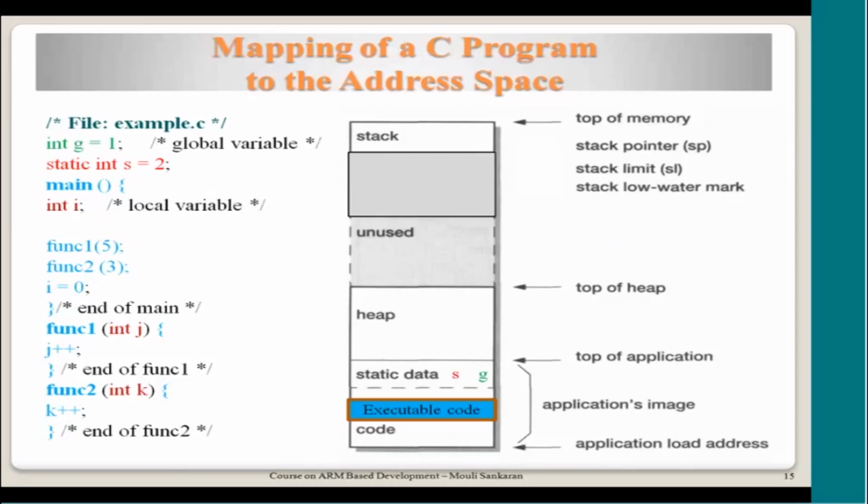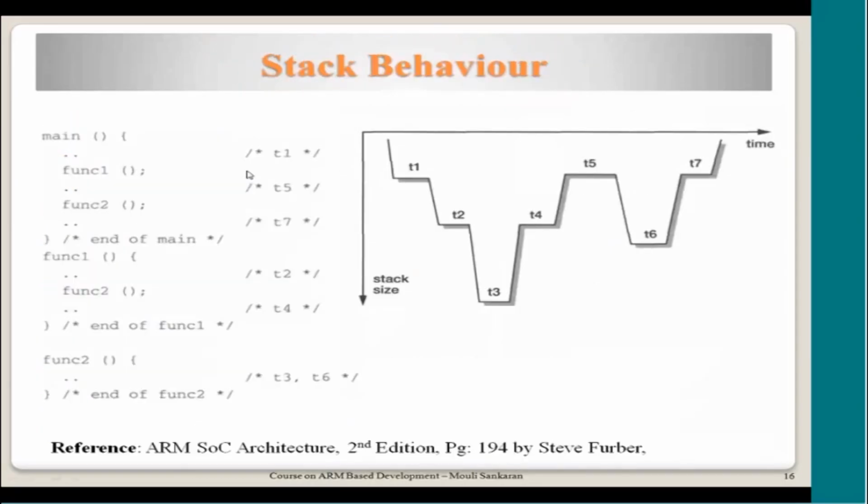Okay, now let us see how the stack works. I told you that the stack grows and then shrinks again based on the need. Now this is a typical example which I have taken from the SoC architecture book. It is similar to what I have shown you earlier. The only difference here is that function 1 is calling function 2.